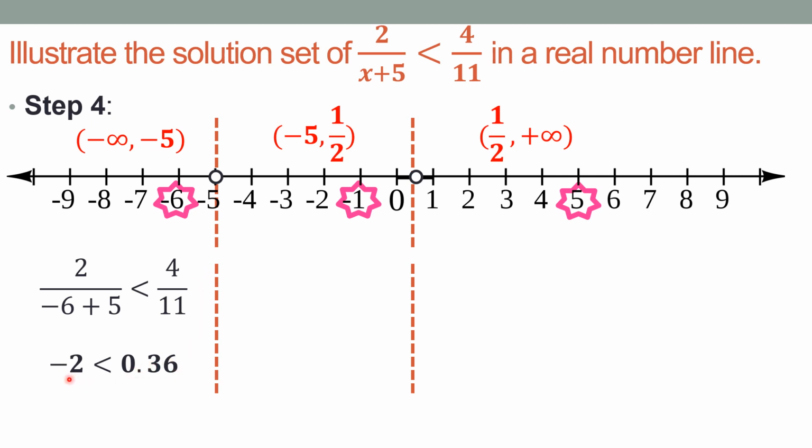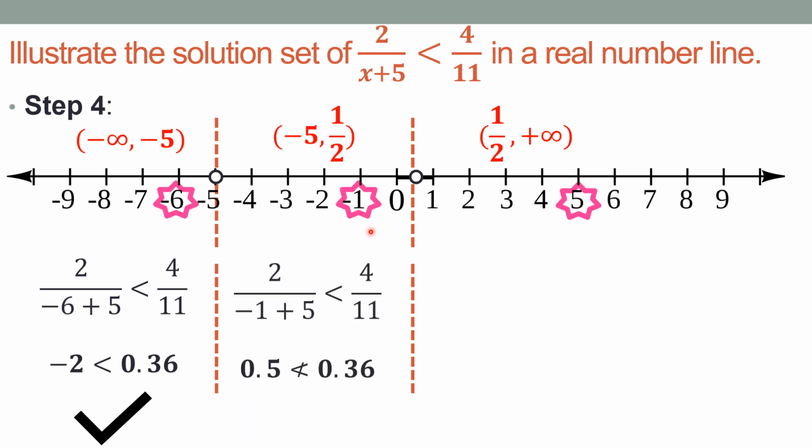As you can see, -2 is less than 0.36. This one is a true statement, because -2 is really less than 0.36. Again, this one is a true statement. Therefore, we will have a check mark in this region, from -infinity to -5. Let us proceed with our second region. Our test point is -1.